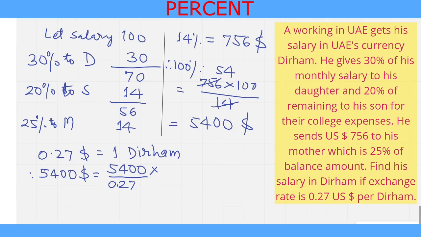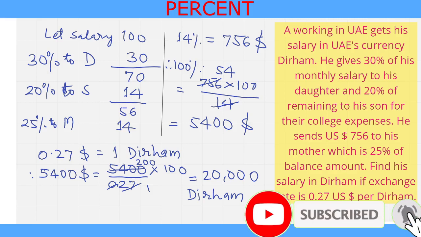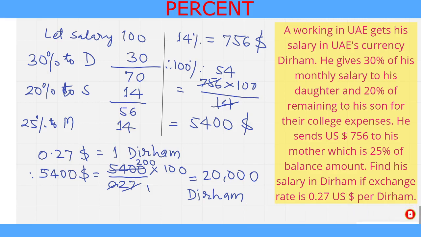For removing decimal of the denominator, we put 100 in the numerator, and now 27 cancels as 27 divides 54 for 2 times, and we put 2 zeros after that for 2 zeros of 5,400. 200 multiplied by 100 is 20,000. Thus A's salary in dirham is 20,000 dirham. This way we have to calculate the salary by converting US dollar into dirham.